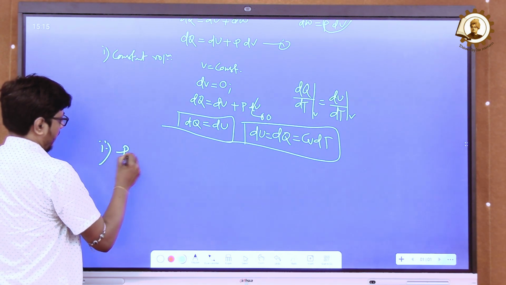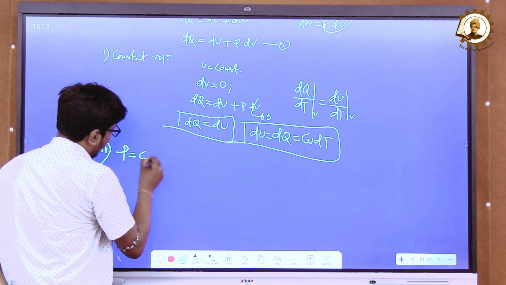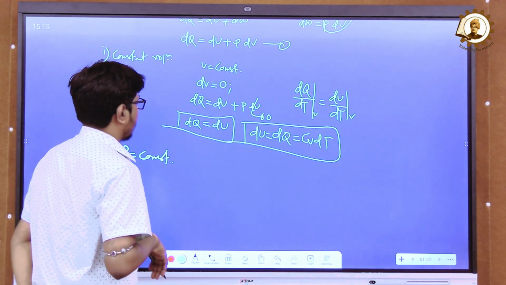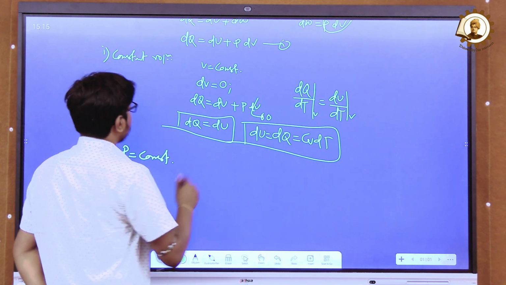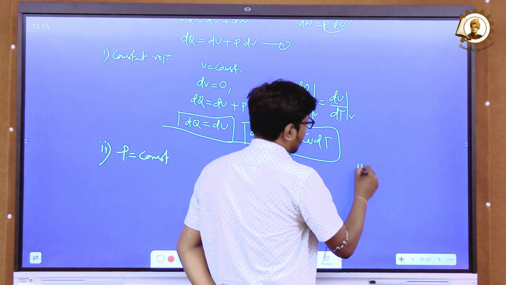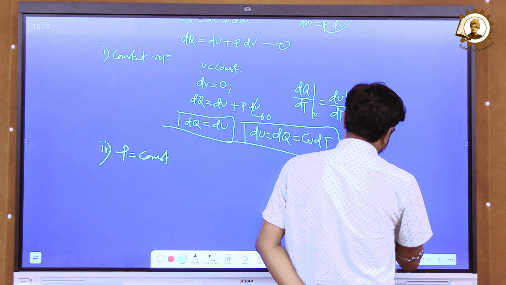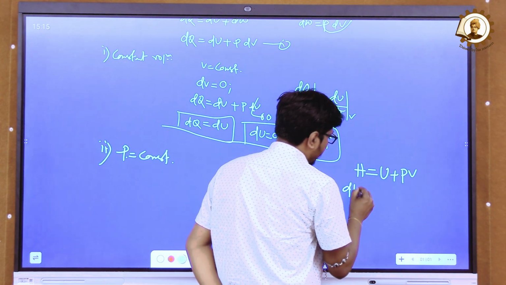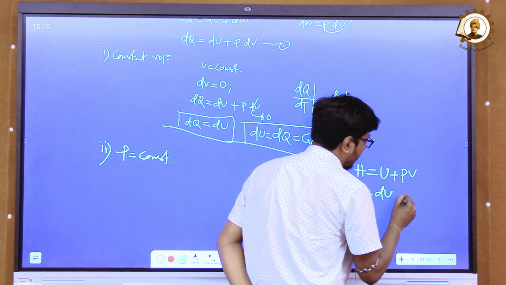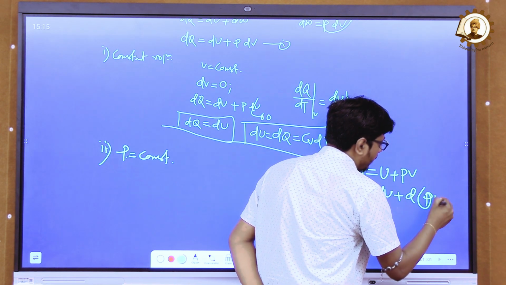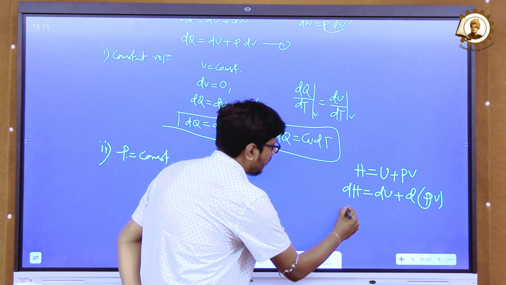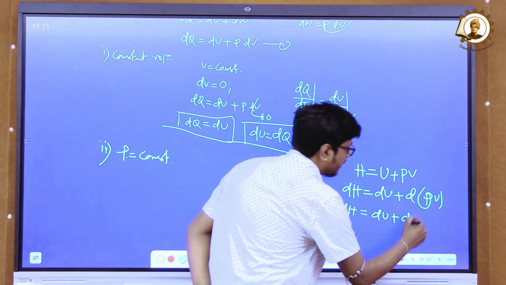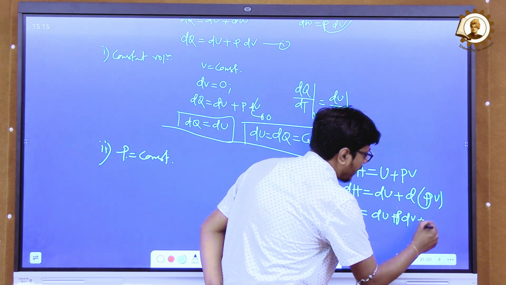Now, if the pressure is constant, that is for P equal to constant, that is called the isobaric process. Okay. Now, we know that H, this is enthalpy, is equal to U plus PV. Okay. Now, if we take the derivative on both sides, now again, dH is equal to dU plus PdV plus VdP.